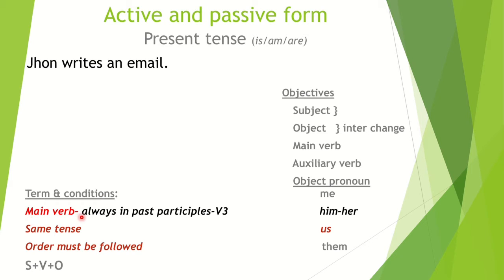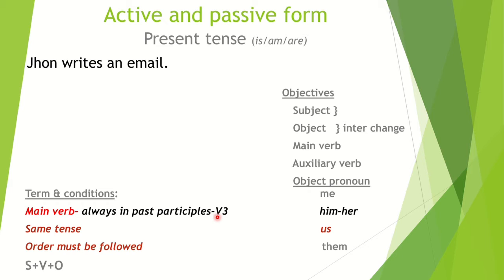The main verb: while we make the passive voice, you should always, and I am pressing the word always, meaning I am giving stress, you should always change your main verb into the verb past participle.